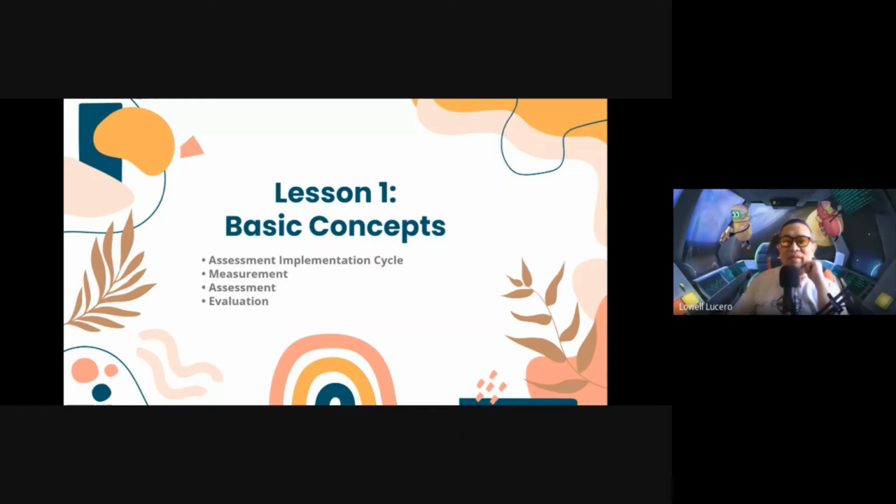Okay, so correct. The answer is actually measurement. Now, if you have read our ebook, I'll discuss later on the key concepts in the definition or description of measurement.